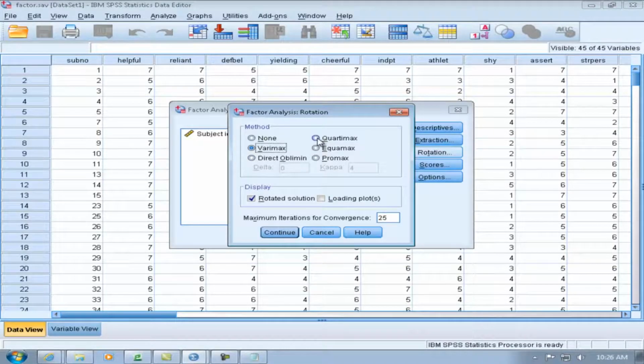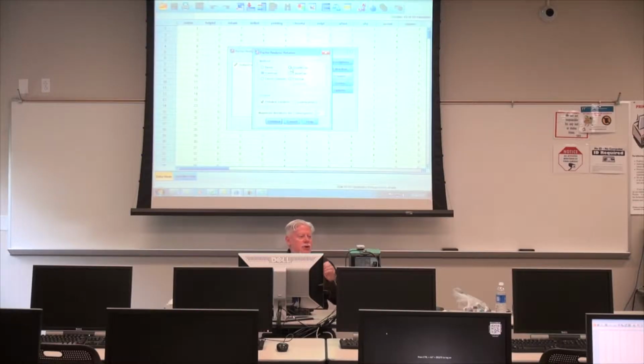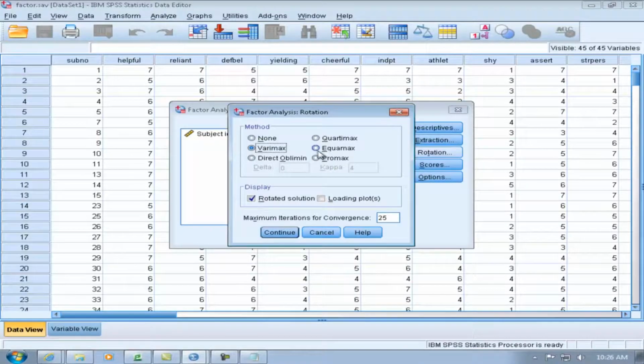Quartimax would maximize the loading on rows. And sometimes, if you're looking at personality things, you might want to use that. Equamax will maximize the loading on rows and columns.